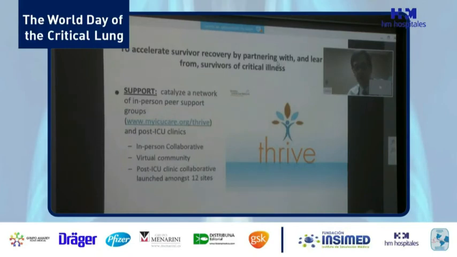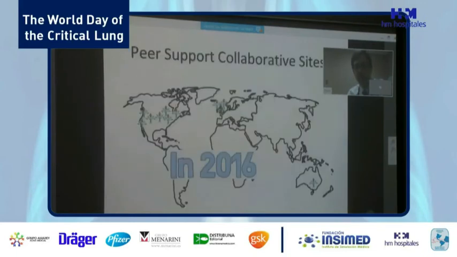Most recently, we've added a post-ICU clinic collaborative, to better understand the needs of these patients. In 2016, the next round of peer support collaborative sites is to be named; these are the sites where the peer support collaboratives have been launched.